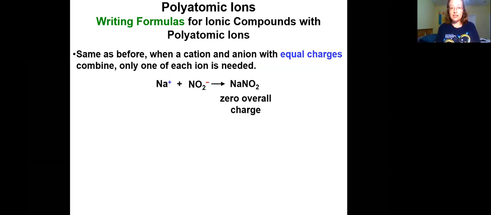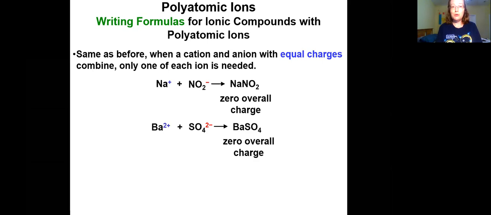If I put those guys together, the +1 and the -1 cancel out, so I only need one of each. The nitrogen and the two oxygens must stay together. They are one unit. Those atoms are bonded together, so they're going to move as one unit. Together, the nitrogen and two oxygens have a total -1 charge.